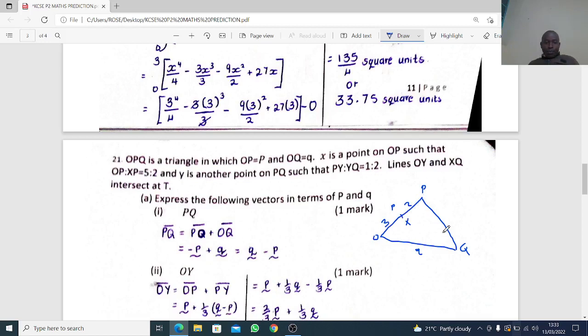And Y is another point on PQ. So on PQ we have a Y here, such that PY to YQ is 1:2.